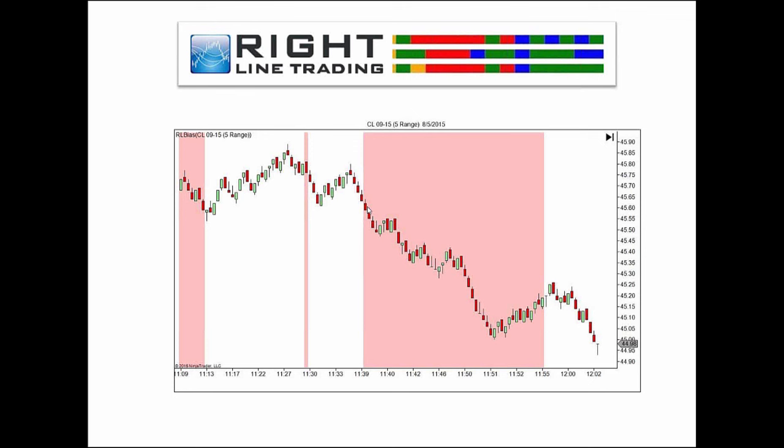Only the institutions can create this. And this alignment in a trending market is a powerful signal that we want to take the market short. But it's not enough. It gives us a bias, but it doesn't give us a trading entry. And that's what we need.